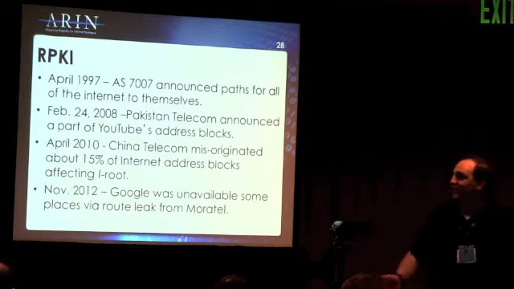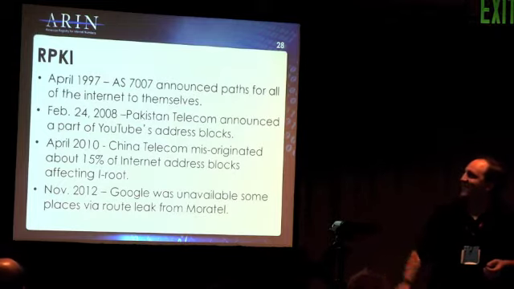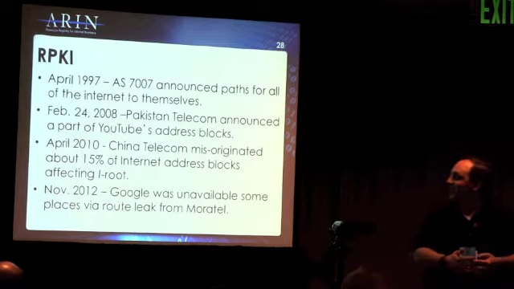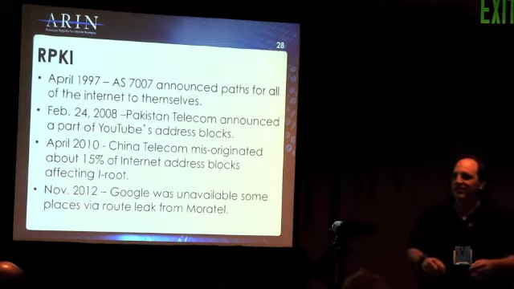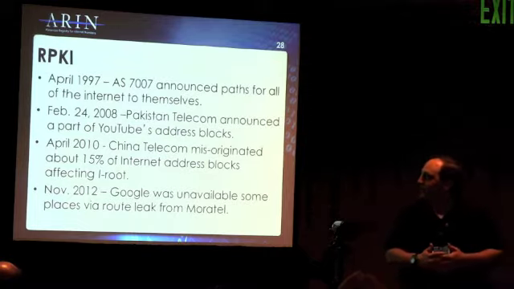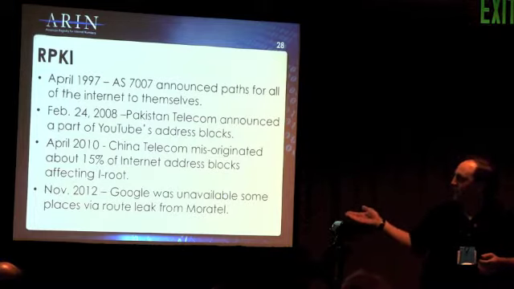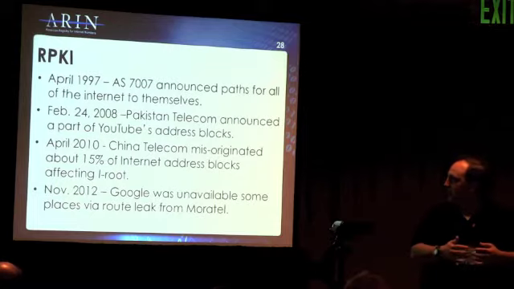Some examples of this, and these were just a few. April 1997, AS7007 announced paths for all the internet to themselves. And I don't think that lasted too long. September 24, 2008, Pakistan Telecom announced part of YouTube's address blocks. April 2010, China Telecom misoriginated some of the internet blocks, affecting iRoute.